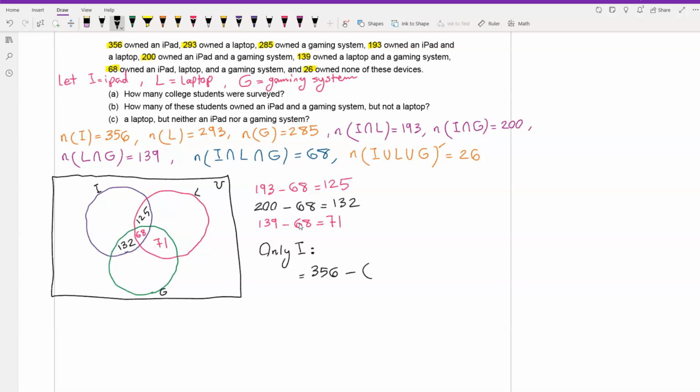So 356 minus 125 plus 68 plus 132. So adding all these three numbers, subtract from what we have totaling for our iPad. So here is 31.